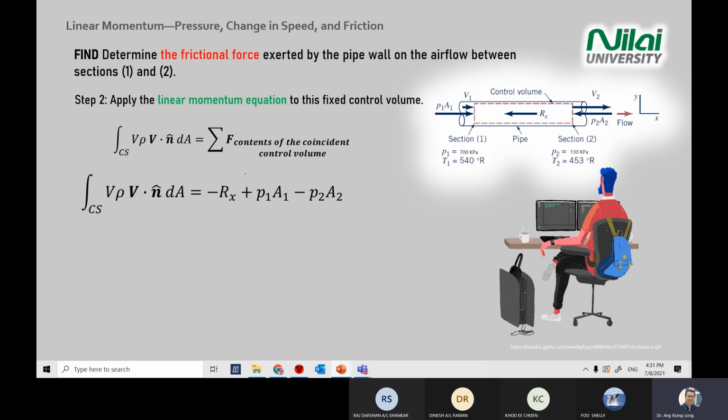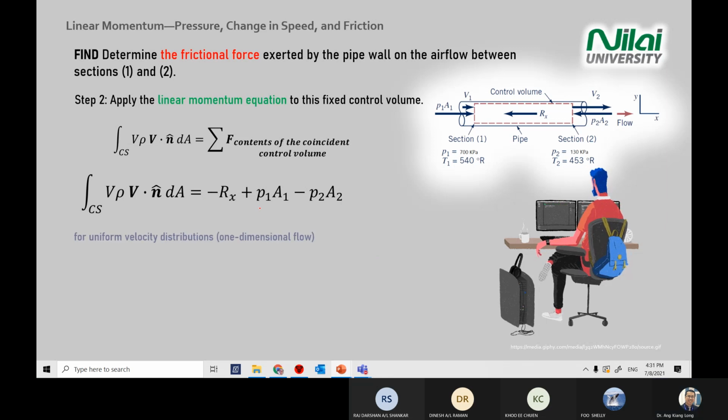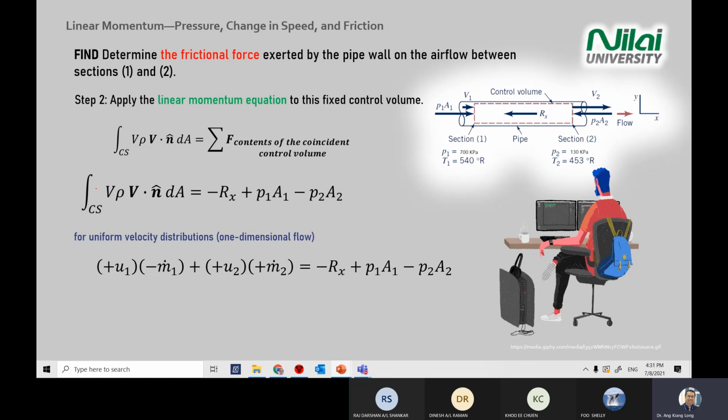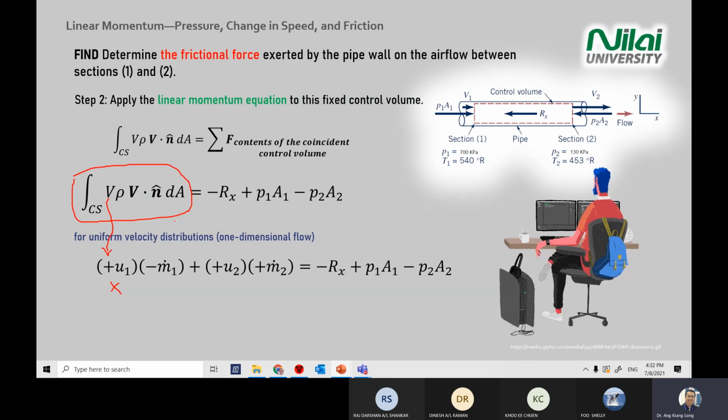So I already explained the force components, y positive, y negative. Next, I'm going to explain how you solve for the left-hand side. On the left-hand side, you start with the V at point 1. You change the V to U because your flow is in the X direction, and it's positive because the velocity direction is from left to right as you see on the diagram.